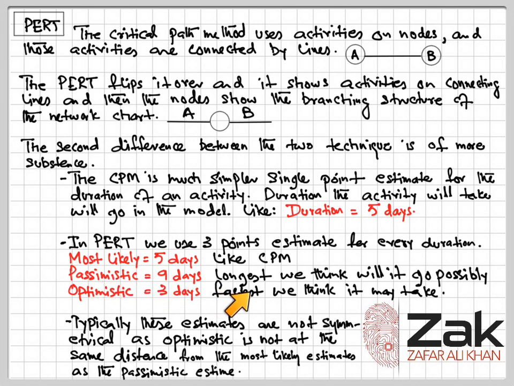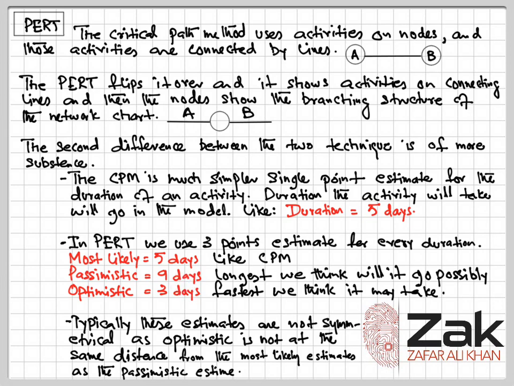And thirdly, how fast we think it may take to complete the activity, and that goes by the name optimistic, and that is 3 days. So instead of having just a one-point duration, we have three-point estimated durations.